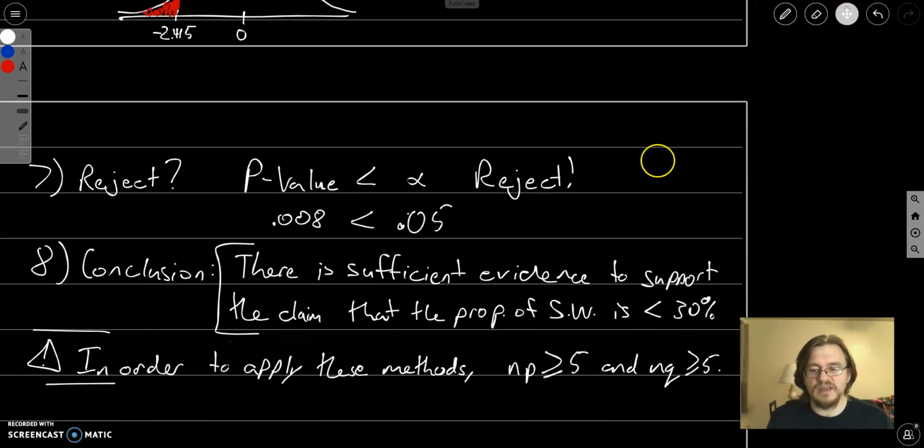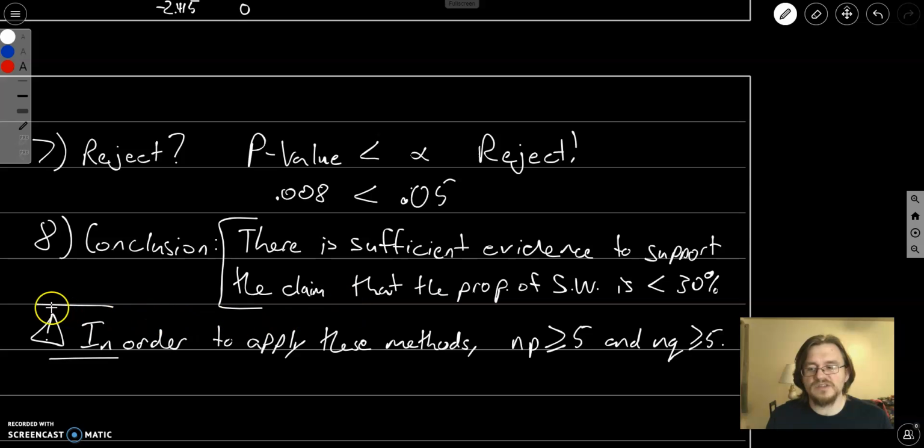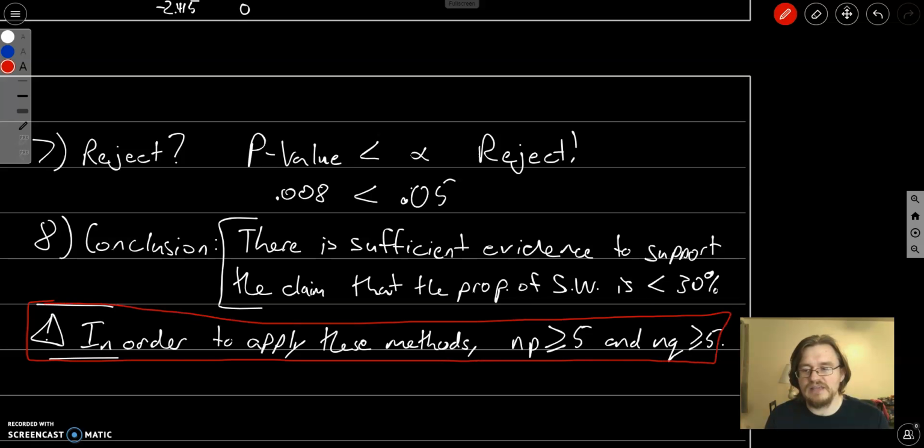One final remark here. There are restrictions on when we can do this. And this is both quite important, yet at the same time, most of the time this is satisfied anyway. So in order to apply everything that I've just said, n times p hat and n times q hat have to be greater than 5.